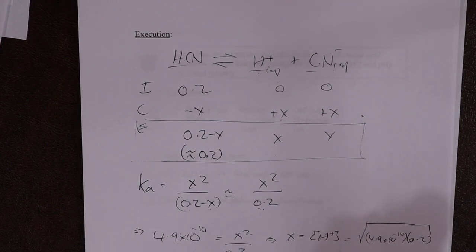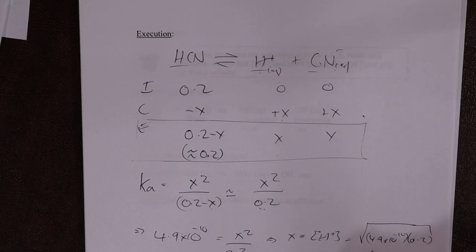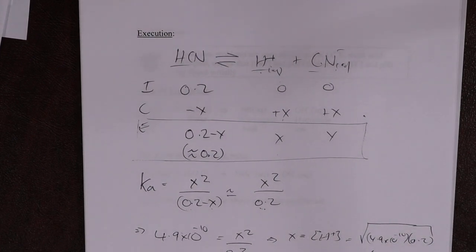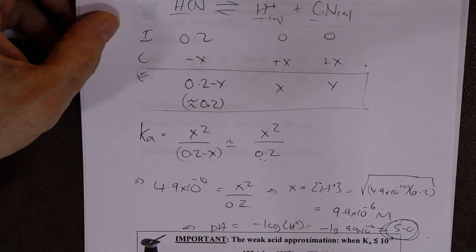9.9 times 10 to the minus 6. Therefore, pH equals minus log of H plus, minus log of 9.9 times 10 to the minus 6, which equals 5.0. Okay, oh, again, off the bottom of the page, excuse that.